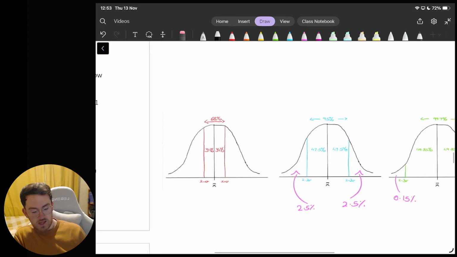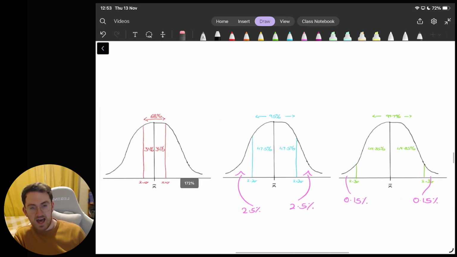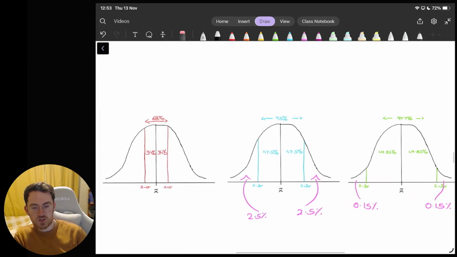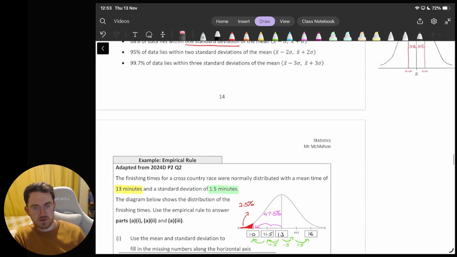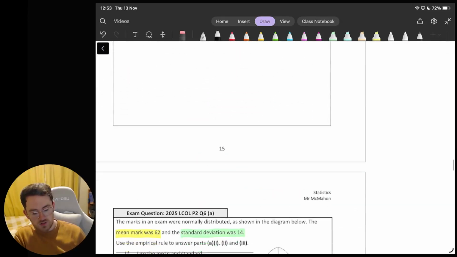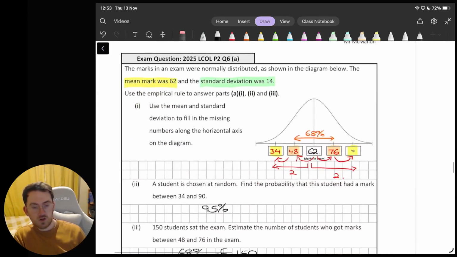Further to that as well, remembering that I can halve those different numbers. So 68% yes, but 34% either side. 95% yes, but 47.5% either side, and 2.5% then outside of that. Remembering all three of those is really going to help us. For all of the questions we had there, we were basically given a diagram. If we weren't, I would definitely be making sure that I would draw my own diagram, because that would help guide me then.